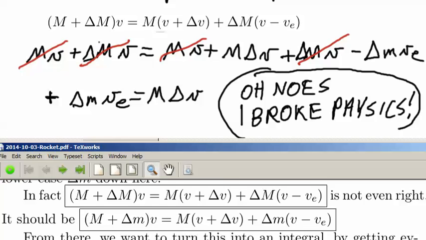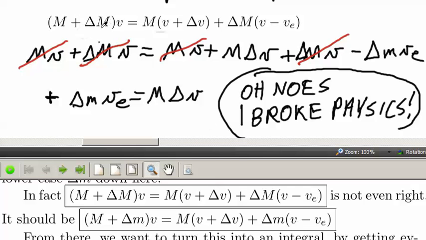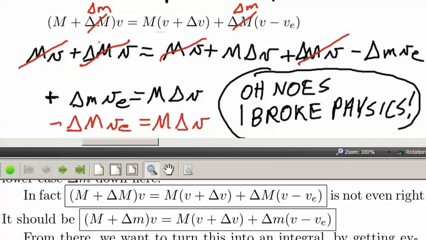It should be, whoops, little delta m right here, and little delta m right here, and then once we derive this with the plus delta m, we would replace delta capital M, which is actually negative delta little m, v sub e equals m delta v.